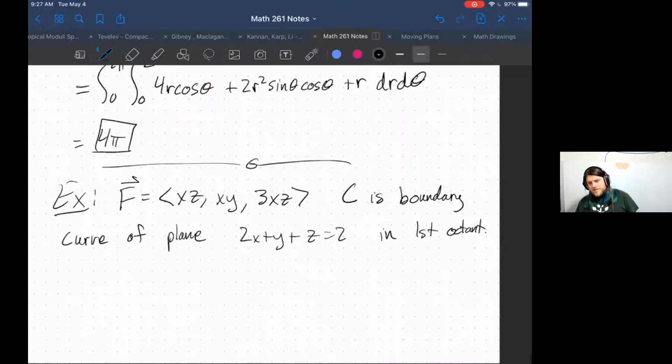Right, so this is in the positive x, positive y, positive z octant.